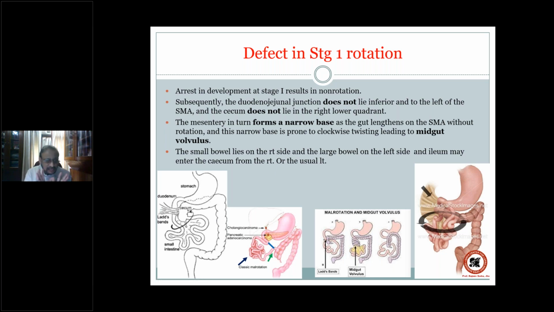So these are basically all the defects in the stage 1 rotation, where you have number 1, the placement of the bowel at the wrong positions. Number 2, you could be having a very narrow duodenocolic pedicle. Number 3, you could be having a Ladd band, and number 4, you could be having a volvulus, which is basically a rotation across the narrow duodenocolic pedicle. Okay.